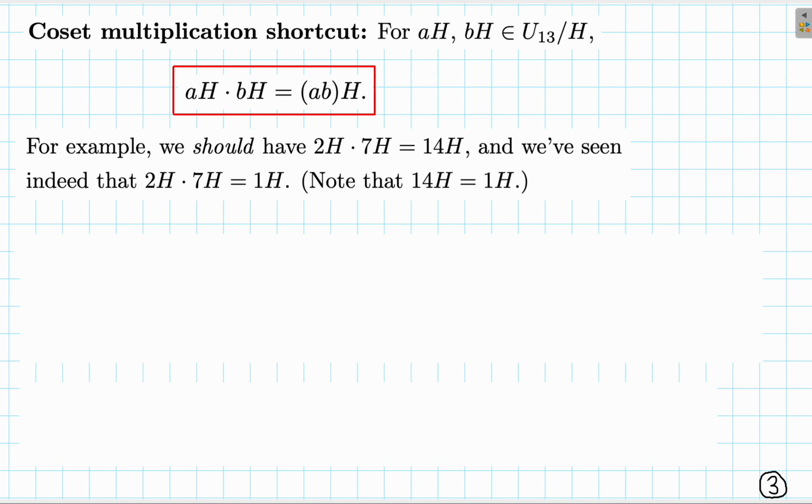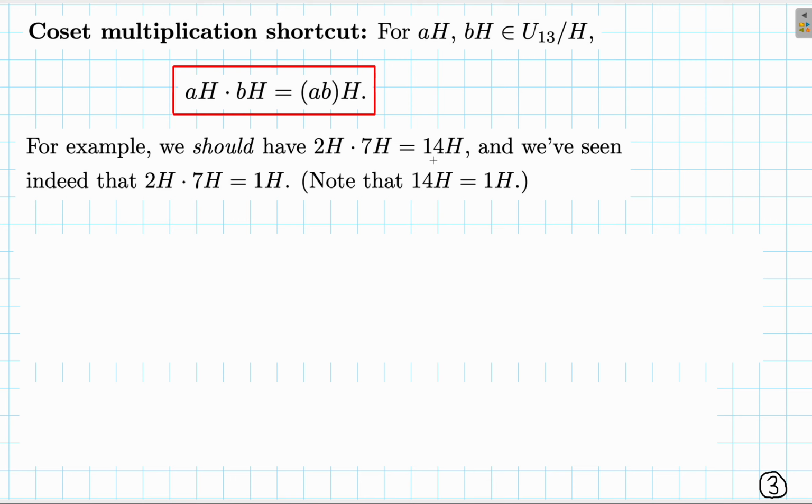Coset multiplication is rather tedious, but fortunately we found a shortcut for this process. So last time we saw that for a pair of cosets in U13 mod H, AH times BH is equal to ABH. So we just multiply the coset representatives. For example, according to this shortcut, we should have that 2H times 7H is equal to 14H. 14 is 2 times 7.